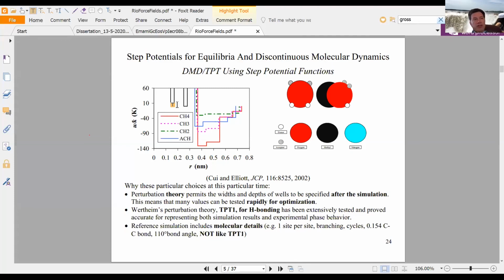In the cis conformation, they're blocked because of the way that a 110-degree bond angle works and the way that the repulsive diameter works. You just can't go into that cis conformation. But it's pretty flat from gauche to trans in terms of the frequency distribution.